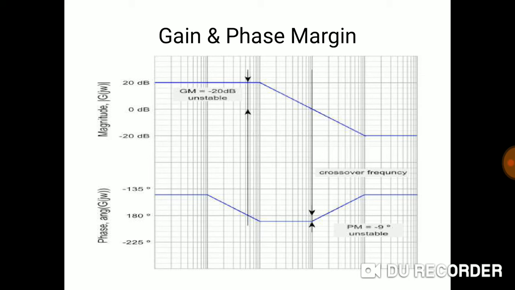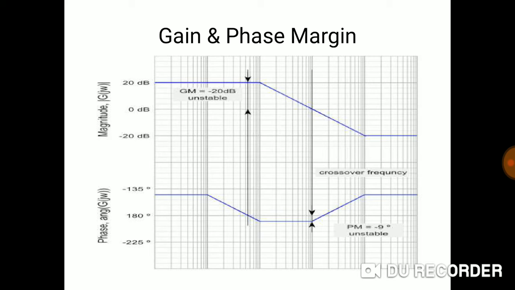After drawing the vertical line, you have to measure that line between the blue line and 0 dB. That is the gain margin. The difference between the blue line and the 0 dB at that 180 degree crossing line is minus 20 dB. So here minus 20 dB is the gain margin.